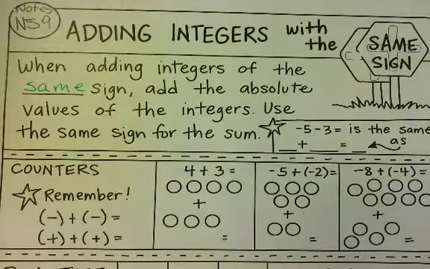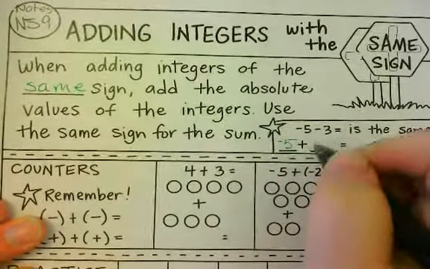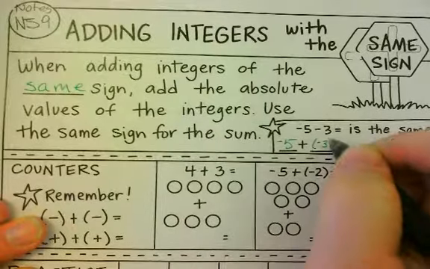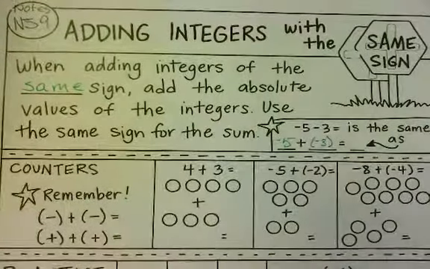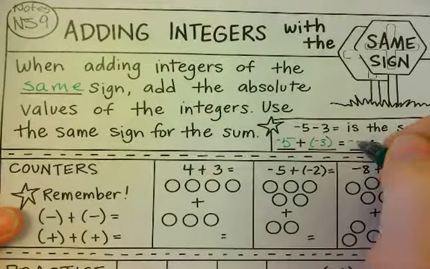So in this case we have -5 minus 3. That's the same as if we had said -5 plus a -3. So we put those two numbers together, and 5 plus 3 is 8, and we keep that negative sign.